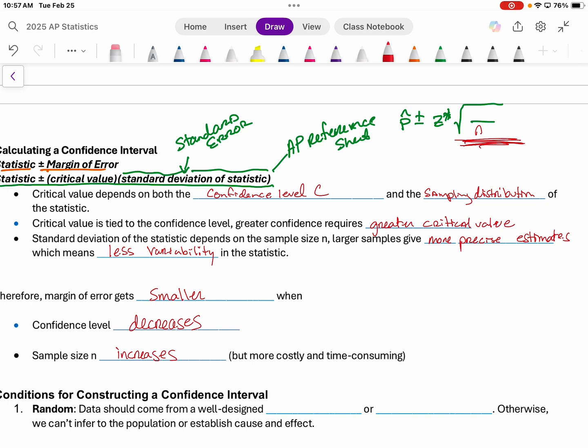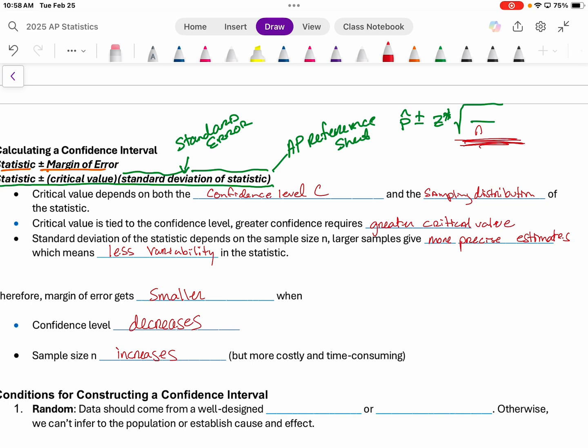If it was the proportion, in 7.2, we did p hat times 1 minus p hat divided by n, and then we square rooted it all. So as n gets smaller, so I go from 100 to 10, that means that gets to be a bigger number as a whole, because I'm taking the top and dividing it by a smaller number. That is bigger than the opposite. So that's why it increases.